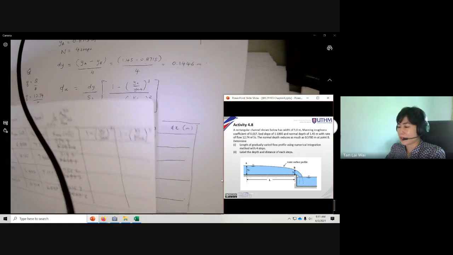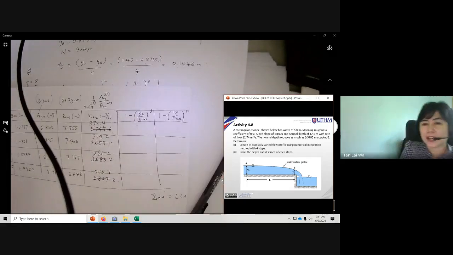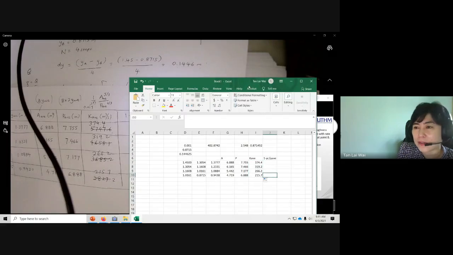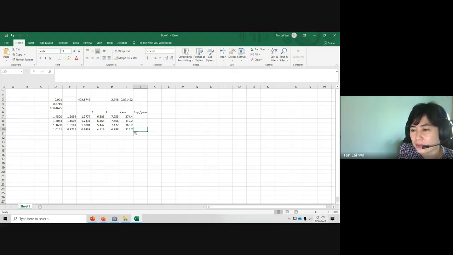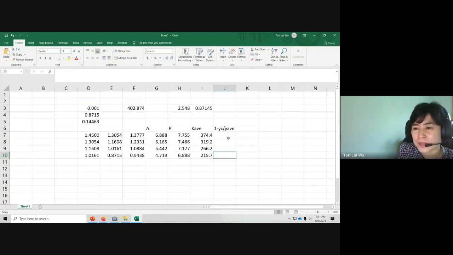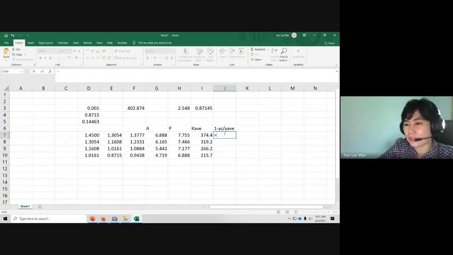Now I'm going to solve it using Excel. It's easier, right? So I'm going to increase this a bit so you can have a look at it. I didn't put the power there. It should be to the power of 3.